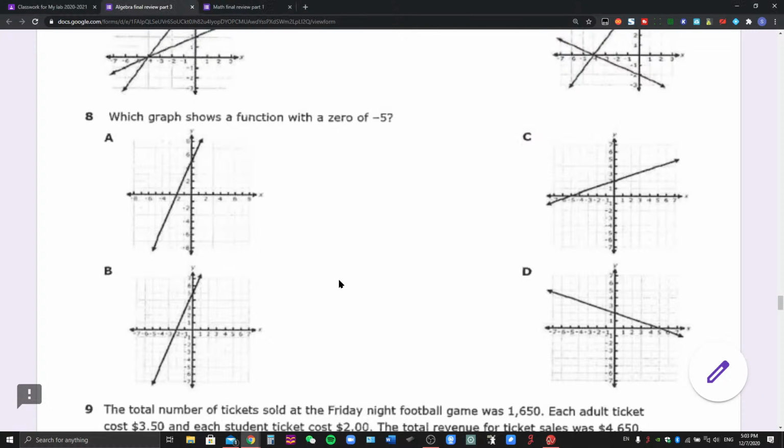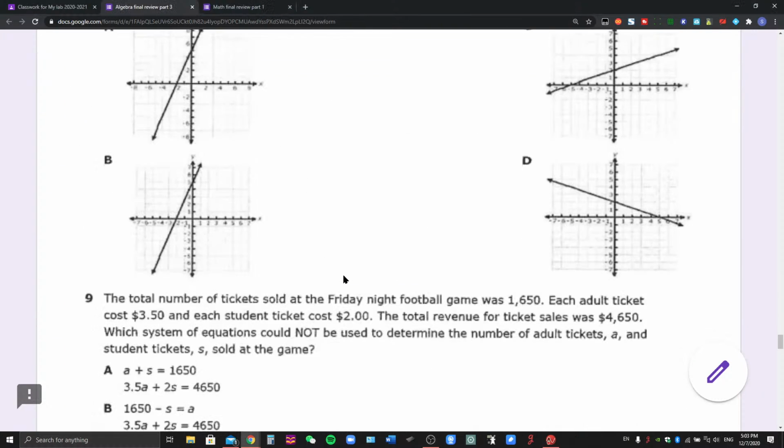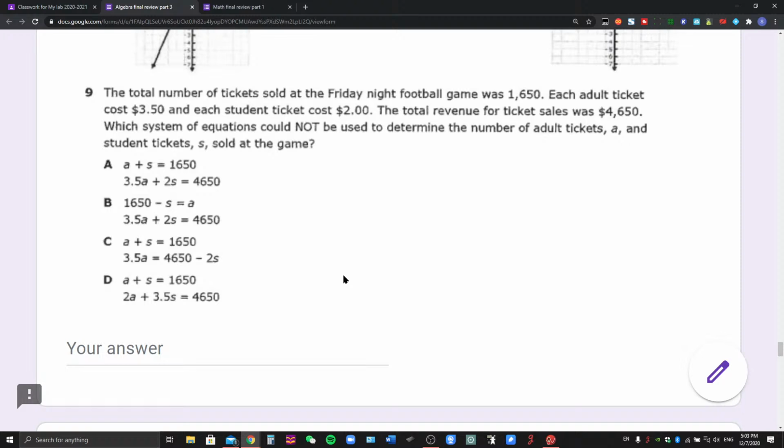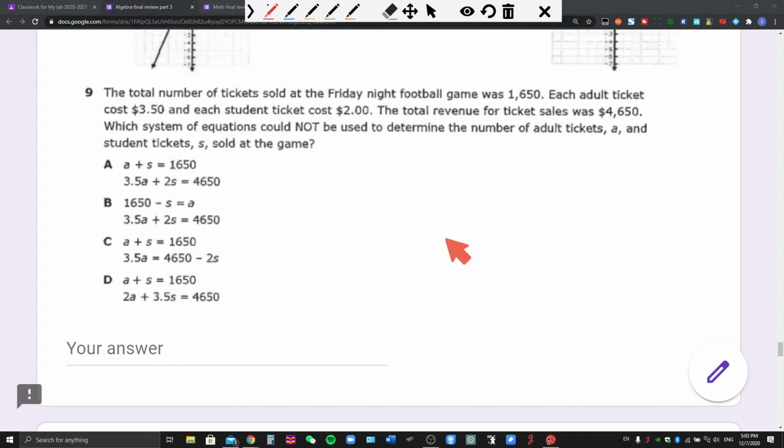All right, question 9. Just by looking at the two options, you know we are dealing with systems of equations. So you just read for their relationship. Total number of tickets sold at the Friday night football game was 1,650.